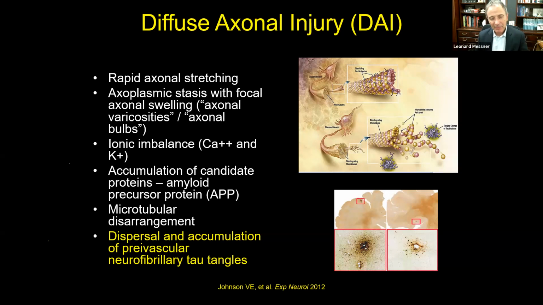Now, with time, and particularly as it relates to this chronic accumulation of calcium, calcium has rather deleterious effects intracellularly. It begins to destroy neurons from the inside out. It begins to digest this protein substrate called tau that is a binding protein. It's responsible for holding axonal neurofilaments together.